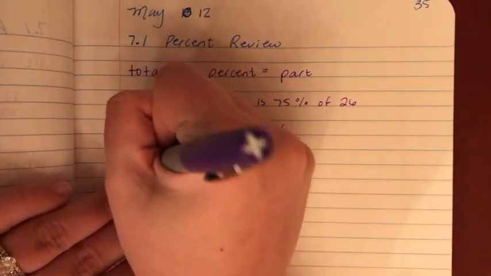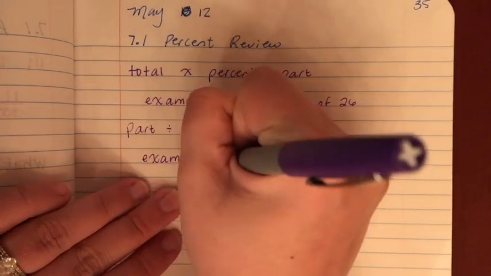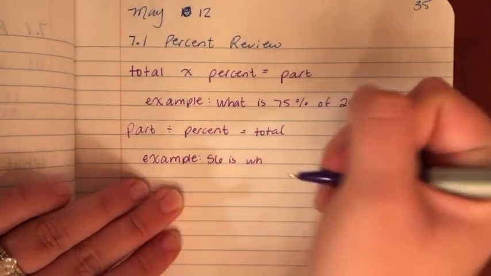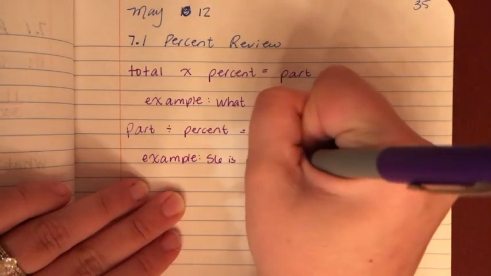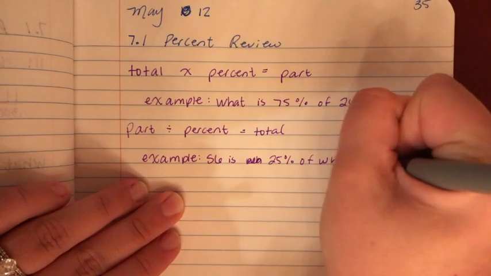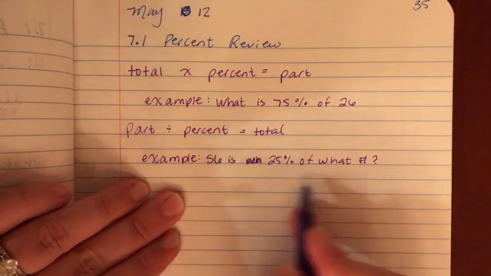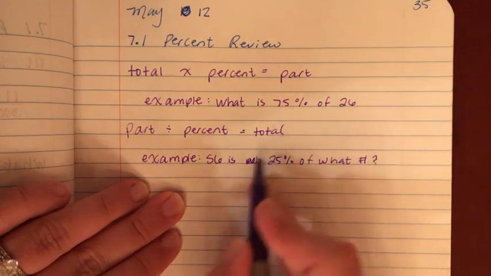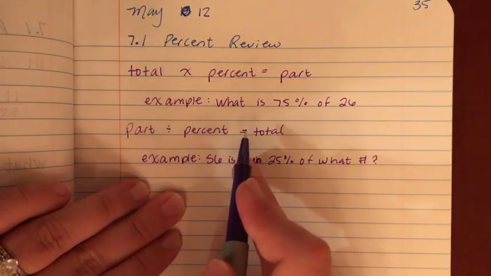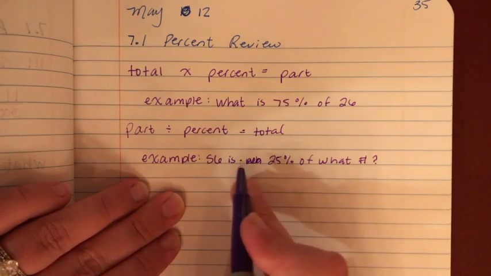And an example of this wording is, 56 is 25% of what number? So 56 is a part of an original number, and you knew that it was 25%. So you're trying to solve for the original value, the total, that 25% of that number is.